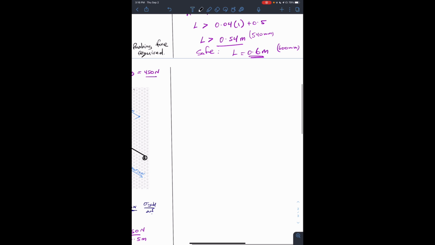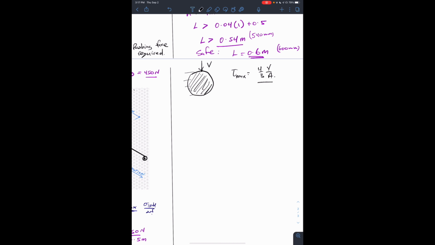Not sure if you did it in strengths, but for a circular cross section, the shear stress, the force being acted upon it is V. The maximum shear stress experienced over the cross section is 4/3 V on A, because the shear stress changes as you go through different layers in the cross section.